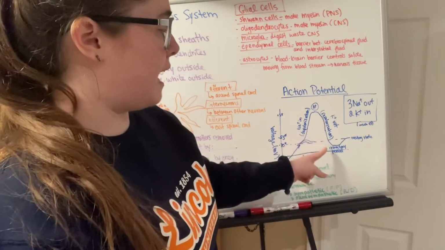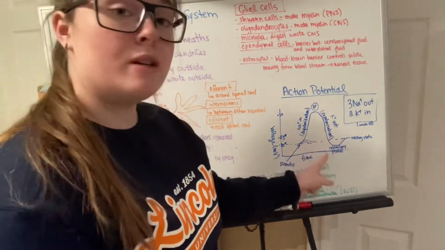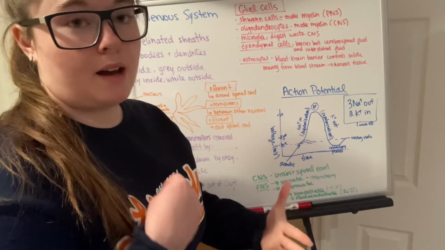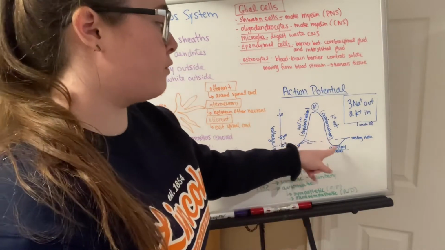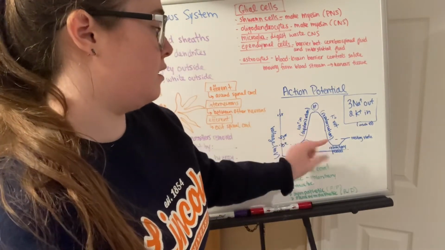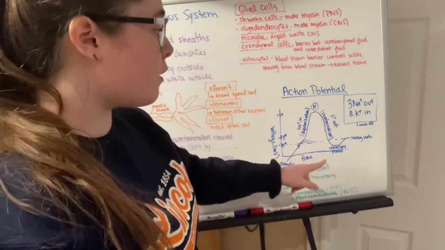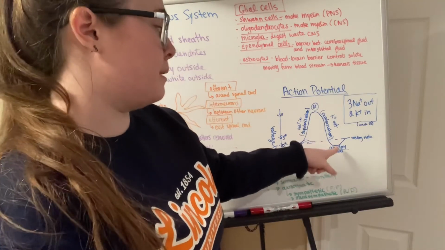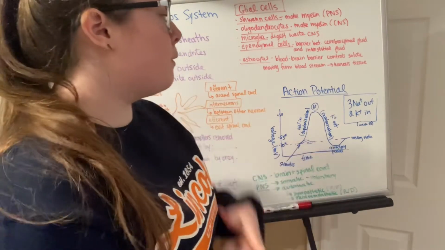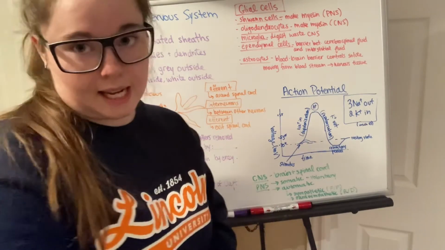As it's doing that, it overshoots this resting state, and during this refractory period, no action potential will necessarily be propagated unless it overcomes this amount before it gets to our threshold. It would just take a lot more for an action potential to happen when it's in a refractory period. Then with the sodium-potassium pump, you get back to resting state.